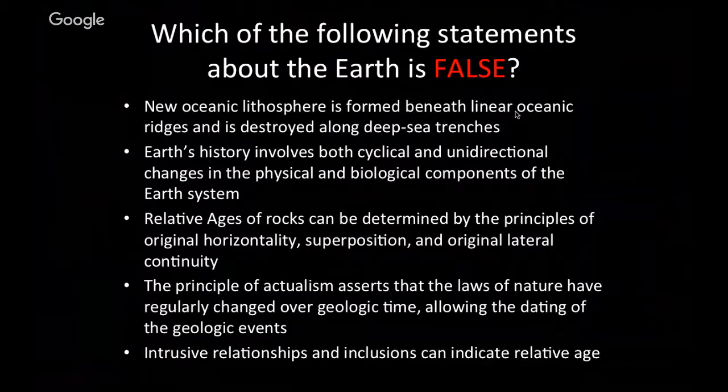You have the principle of superposition, where older rocks are lower in the strata and younger rocks are above. And original lateral continuity means that if you have a layer put down and then part of it gets eroded away, you would see, this is evident in the Grand Canyon, that continuity on the other side of where it got eroded.